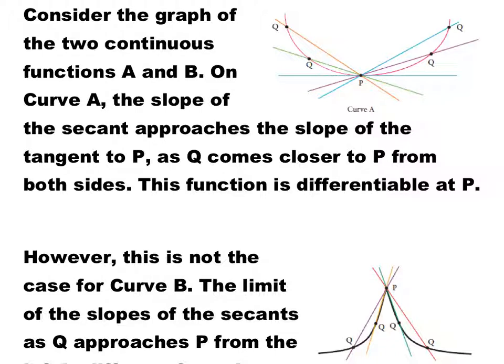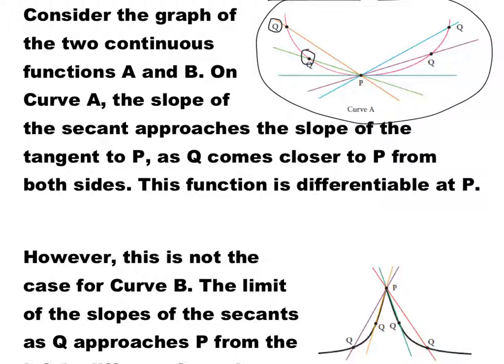differentiable at every point. Consider, for instance, graph A, which is this one. At point P, remember, to find the slope at point P, we are going to find the slope of the secant, let's say PQ. Then we are going to decrement the value of h. Then we go to PQ here. So we start from this point Q, then we decrement h, we get to this point.